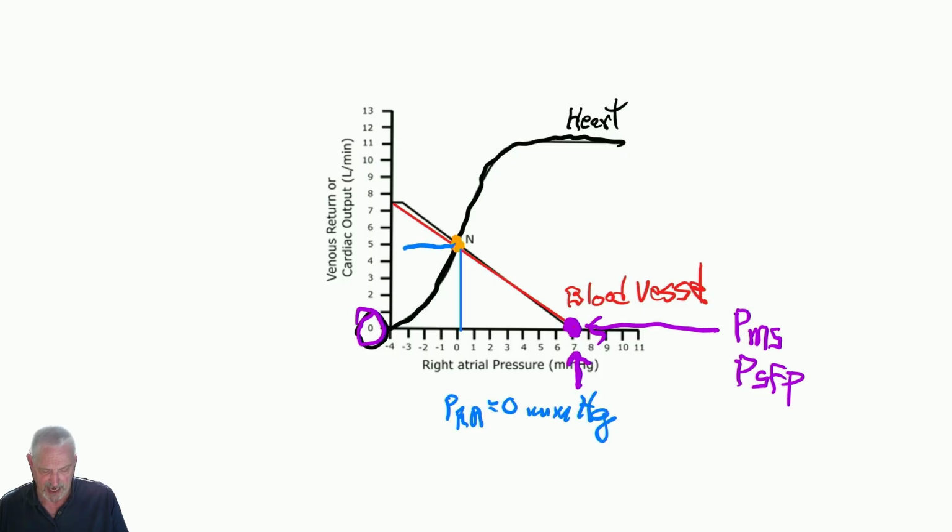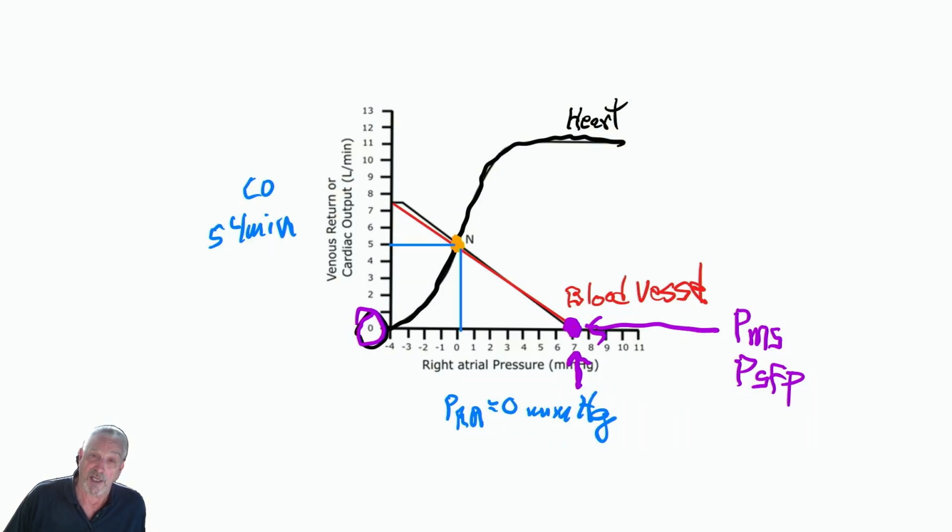And that the cardiac output is very near to 5 liters per minute in a normal resting heart. So cardiac output is normally about 5 liters a minute. Venous return is normally about atmospheric, or 0 millimeters of mercury, because atmospheric pressure is our reference point.